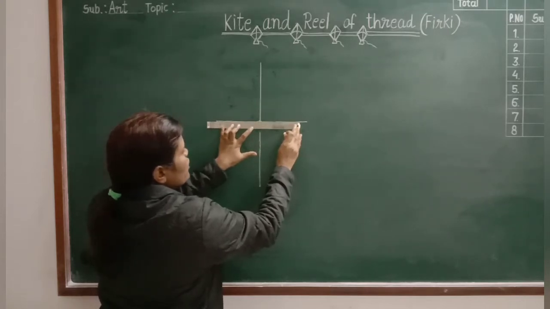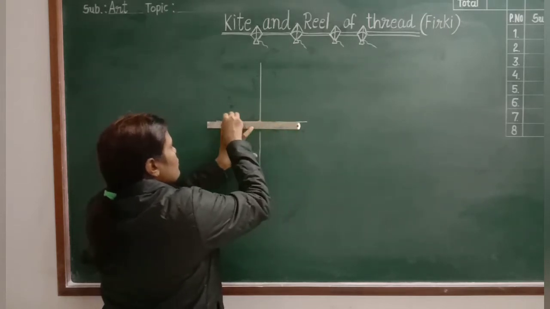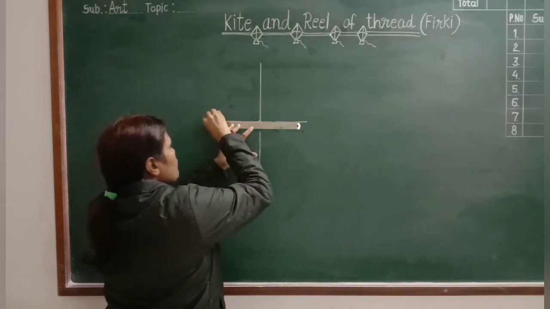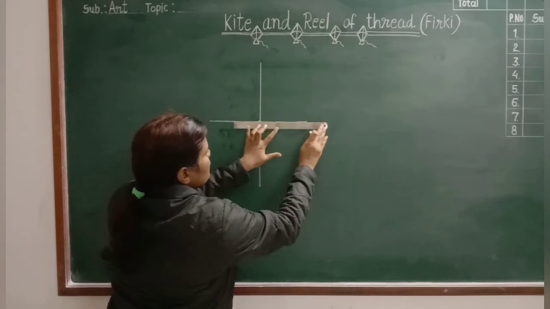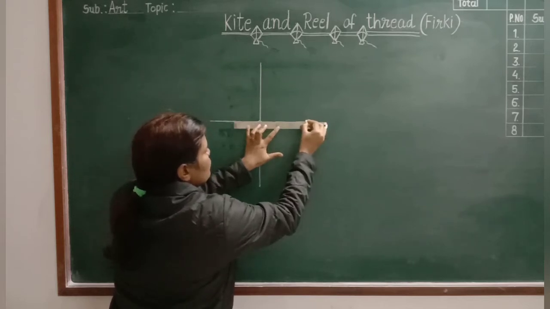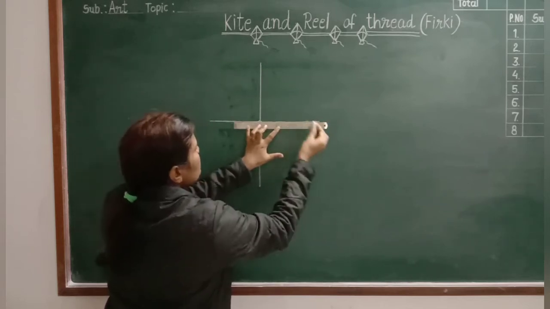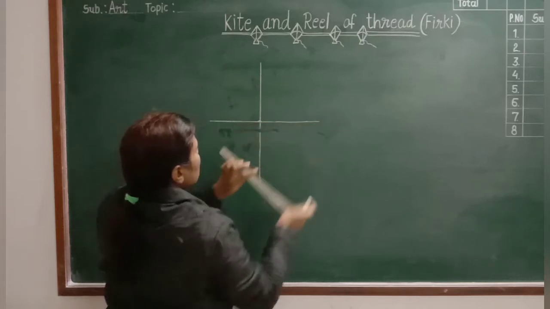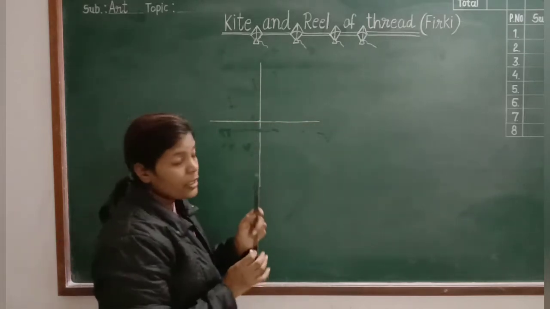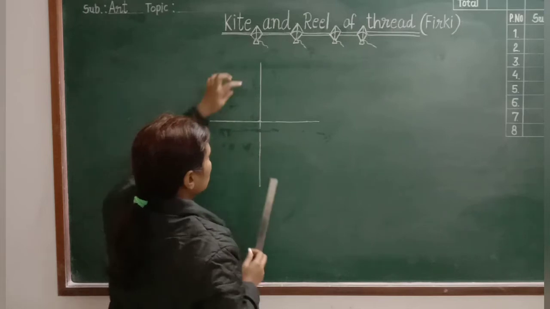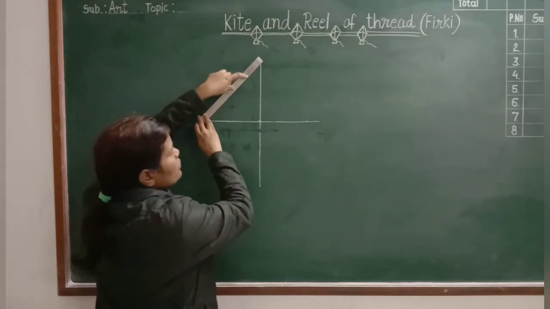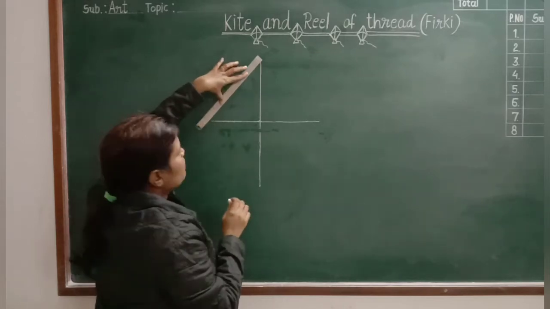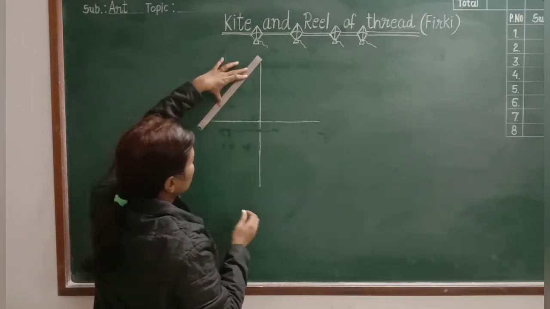For the square shape, you have to draw 4 sides equal, okay, 4 sides equal line, okay, like this, okay. You can take measure also, but here I am drawing without measure, okay.